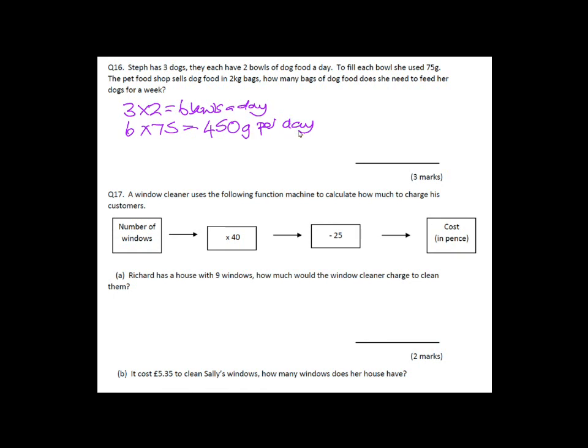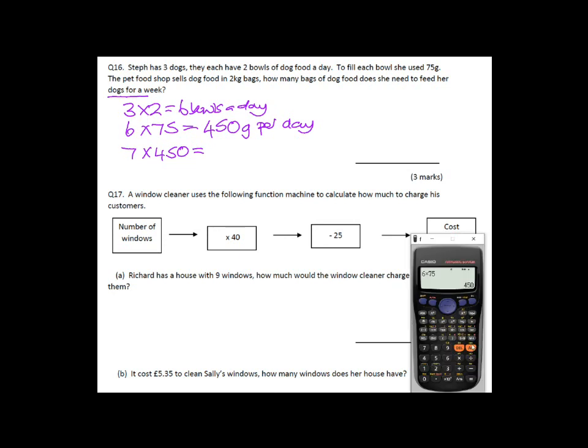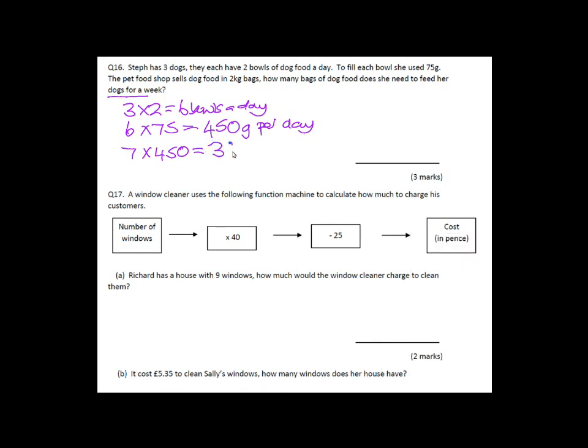We need to work this out for the week, so 450 grams times 7 gives us 3,150 grams per week.